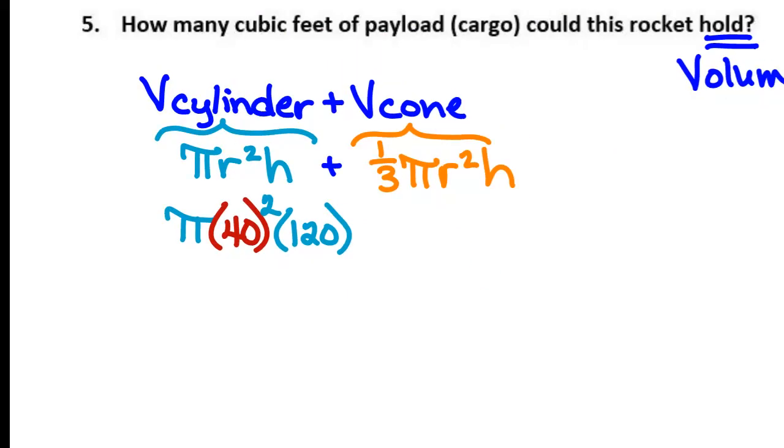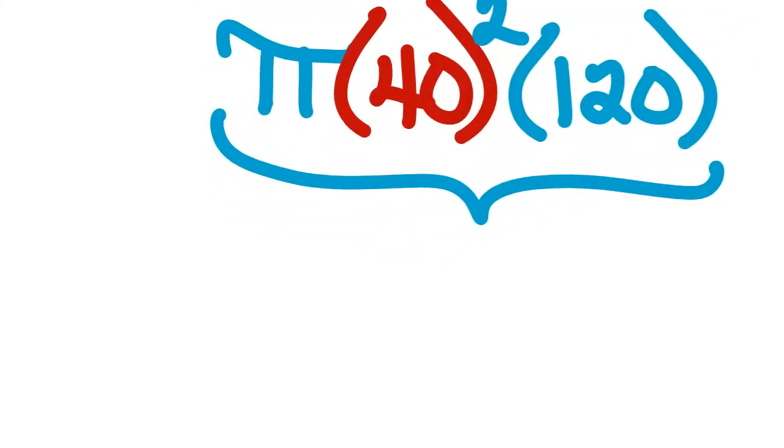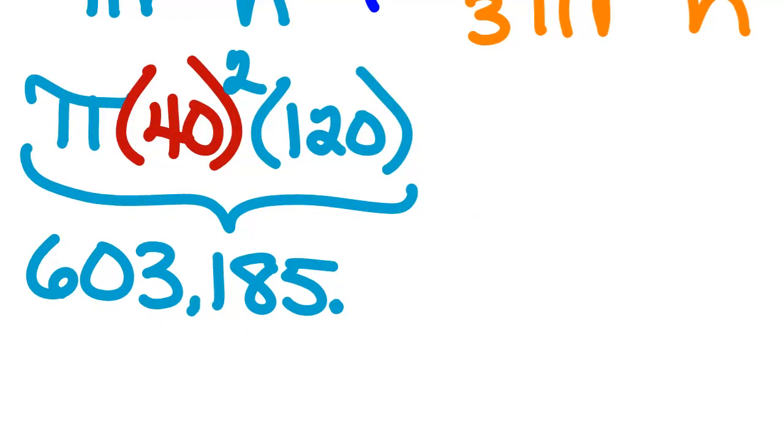All right, let's put just that much into our calculators. What does that give us? .603, 185.789.